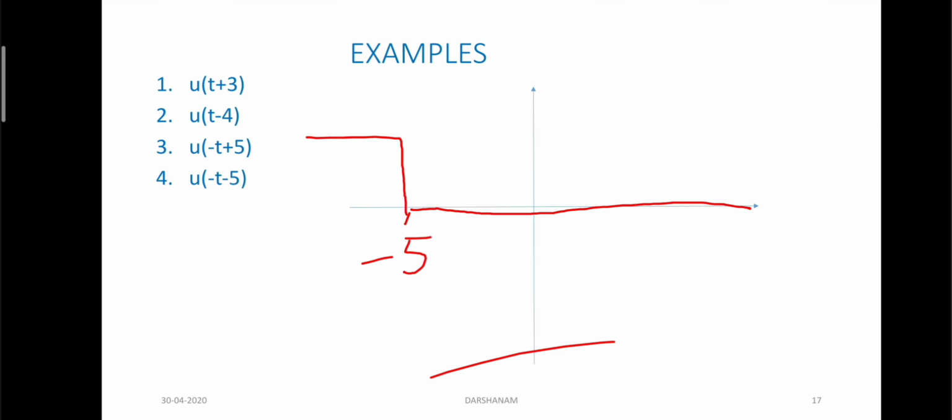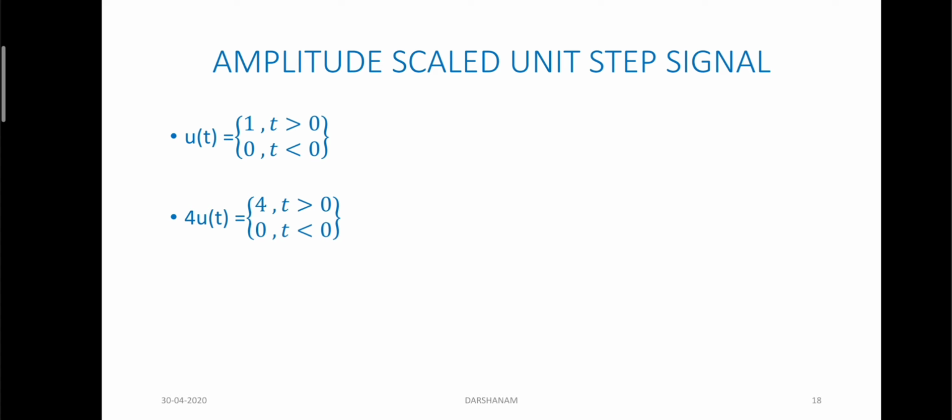Till now we have seen the definition of signal, continuous time signal, discrete time signal, and unit step function, a shifted version of unit step function, and a time scaled version of unit step function. Now we are going to discuss the amplitude scaled unit step function. Till now, for all shifted and scaled versions of unit step function, the amplitude is 1.